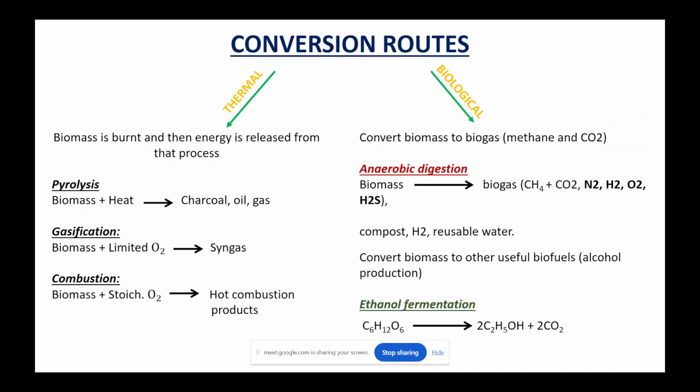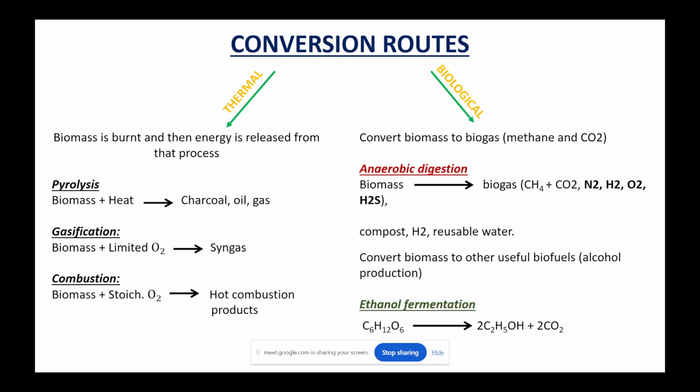If you have to distinguish these conversion routes, previously we discussed the thermal conversion routes. You can see on the left-hand side that the biomass material is usually burnt and the energy is released, and that energy is what gets used, and for that we use three different processes.